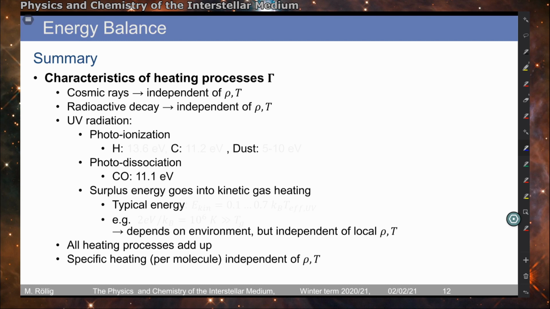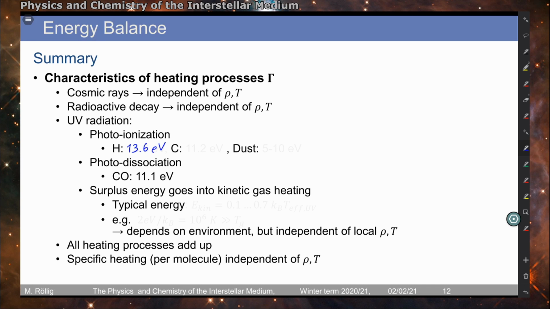The cosmic ray interaction does not depend on the actual density of the gas or the temperature of the actual gas particles. The UV radiation is also ionizing the hydrogen gas or the carbon dust independent of the actual gas temperature.